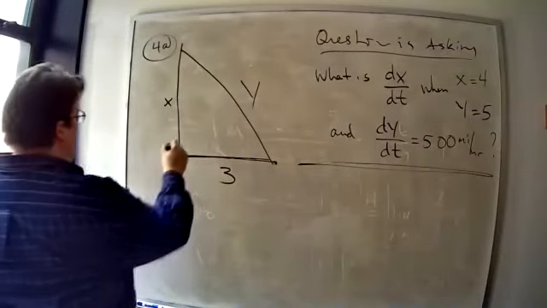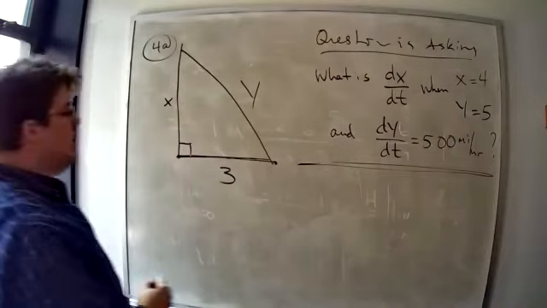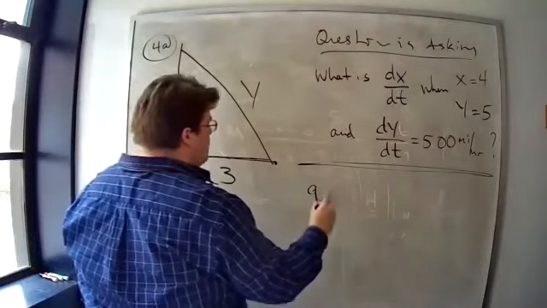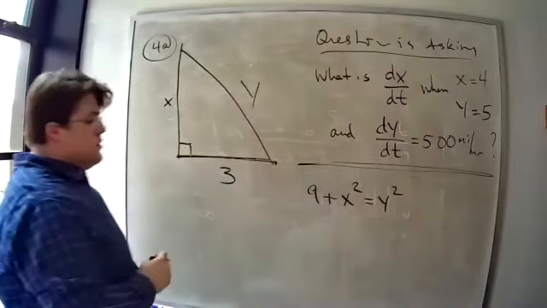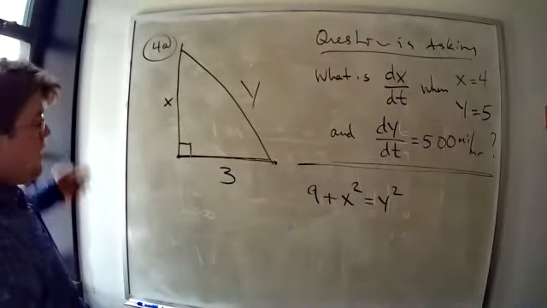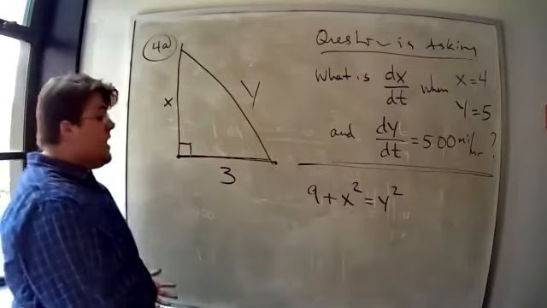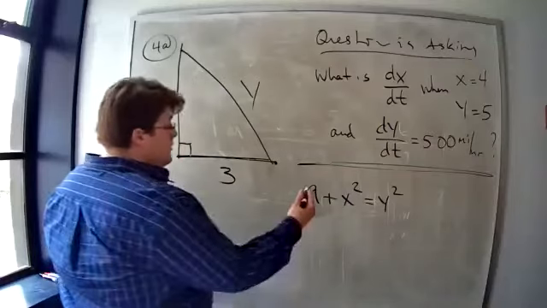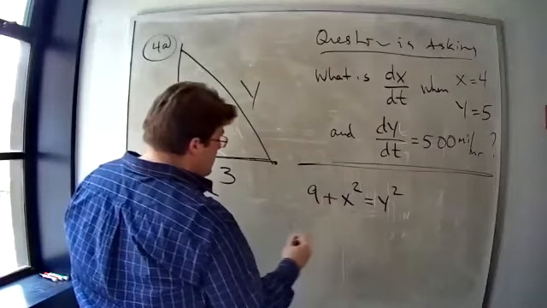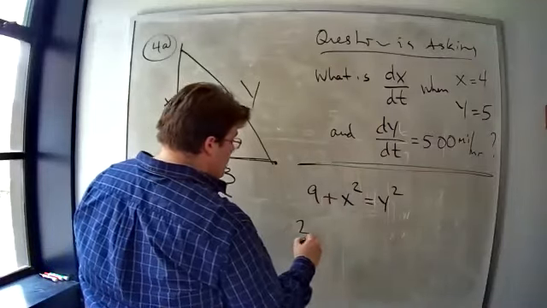We need an equation. This is a right triangle, so it satisfies the Pythagorean theorem, and we get this equation. Now we remember x and y are functions of time, so we can differentiate with respect to time. The derivative of 9 is 0, since 9 doesn't change as time changes.